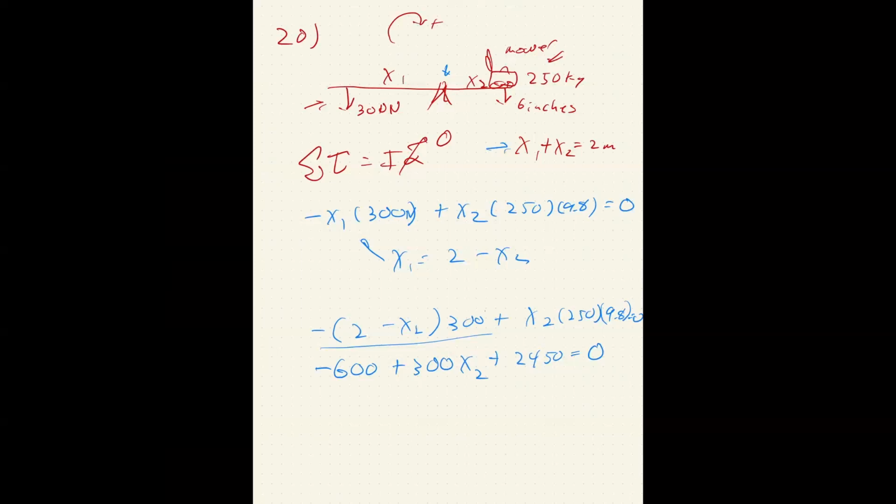All right, so I have either a calculation error or I'm doing something funky. I'm going to come back to this in a different video because something's not coming out right on number 20.